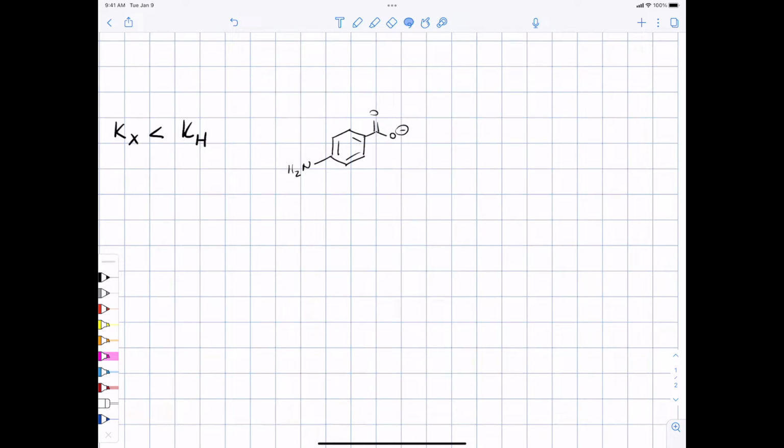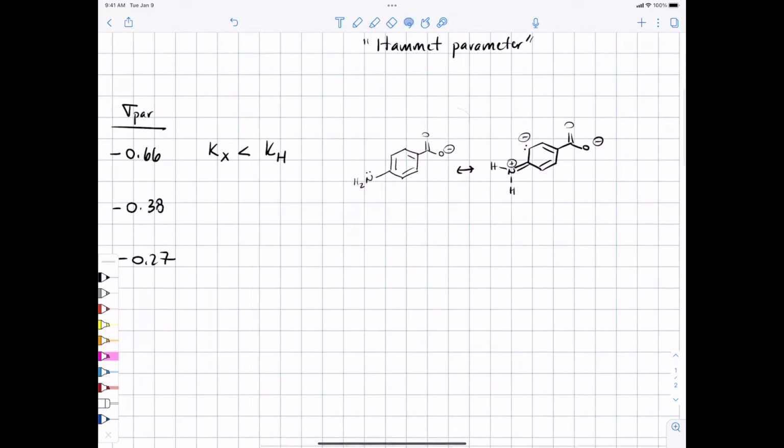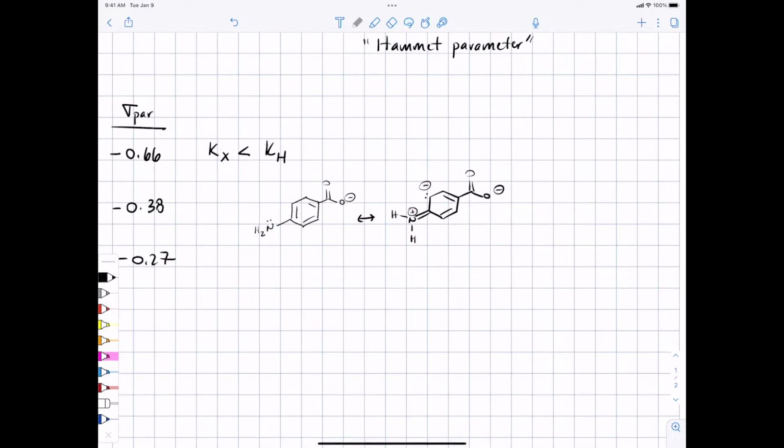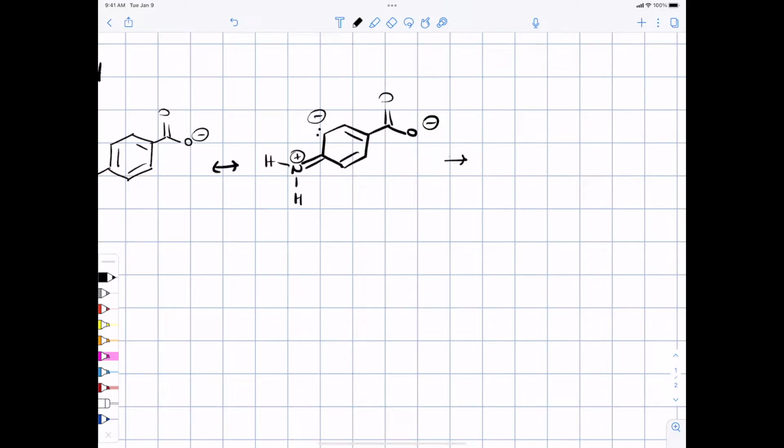If you're already thinking of some things you learned with electrophilic aromatic substitution, you should be able to see that by resonance, we can donate electron density from the nitrogen into the benzene ring. Now, that amino group is not conjugated to the carboxylic acid group.